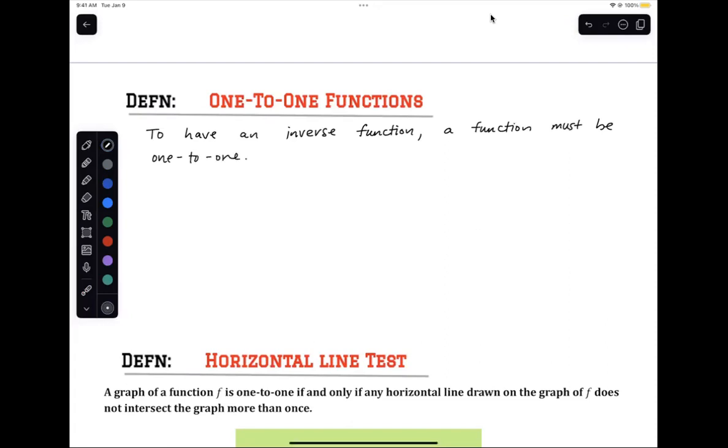So what that means is no two outputs can have the same input.